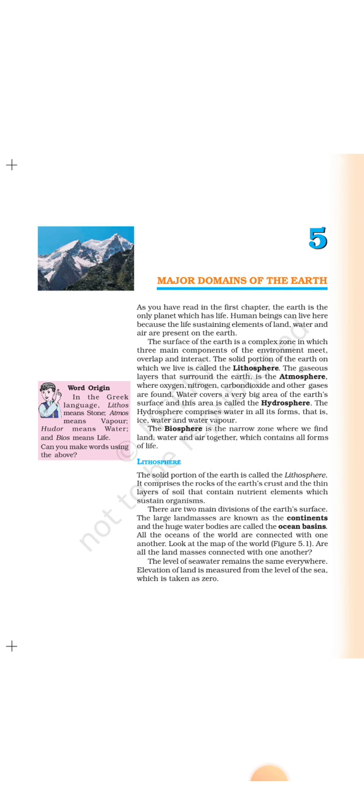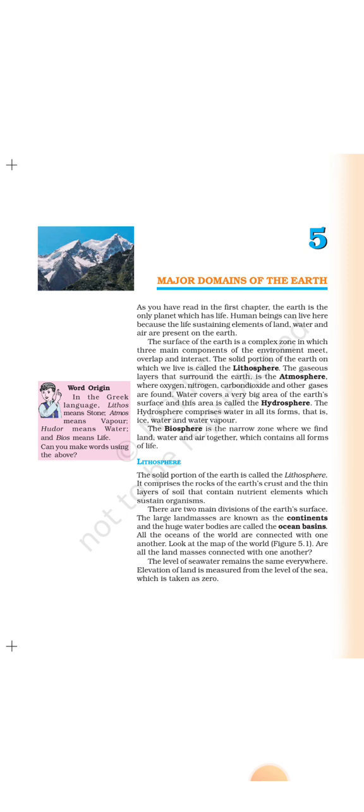The atmosphere is where oxygen, nitrogen, carbon dioxide and other gases are found. Water covers a very big area of the Earth's surface, and this area is called the hydrosphere. The hydrosphere comprises water in all its forms, that is ice, water and water vapor. And the last one is the biosphere, the narrow zone where we find land, water and air together, which contains all forms of life on the Earth.